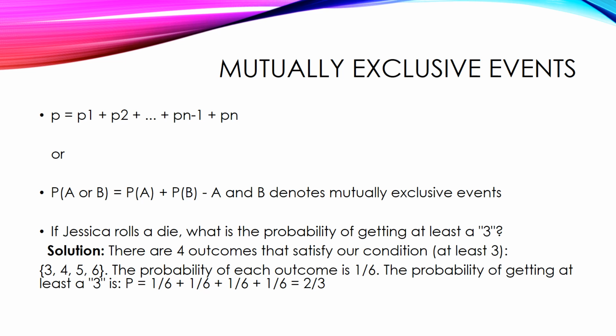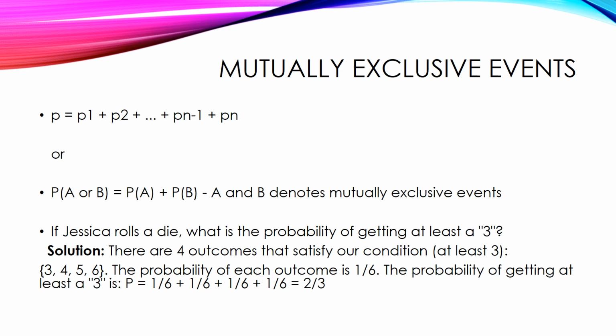P = P1 + P2 + ... + Pn-1 + Pn, or P(A or B) = P(A) + P(B), where A and B denote mutually exclusive events.